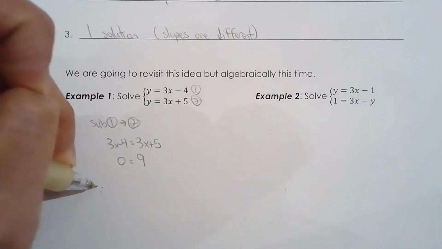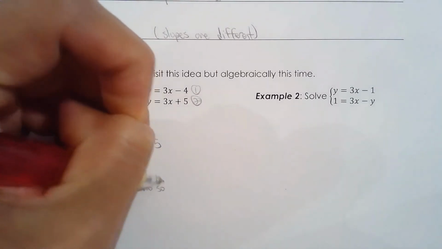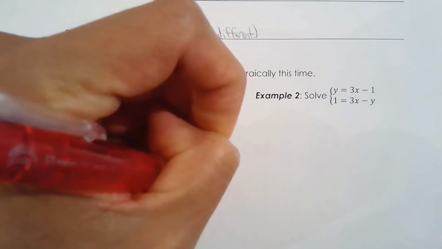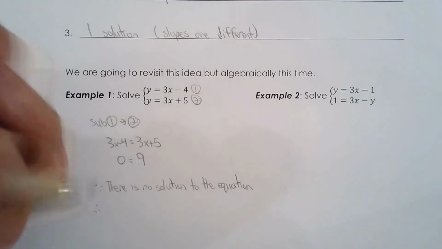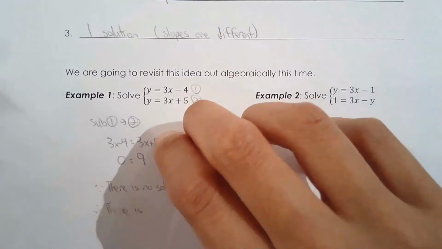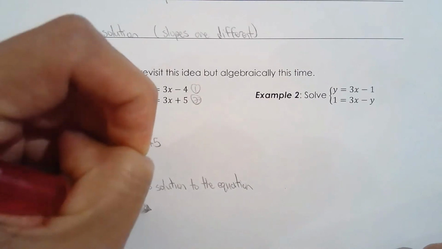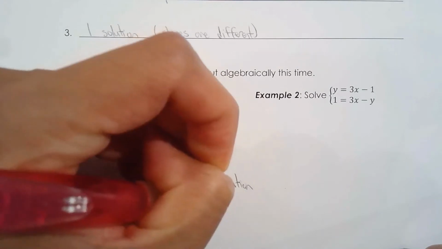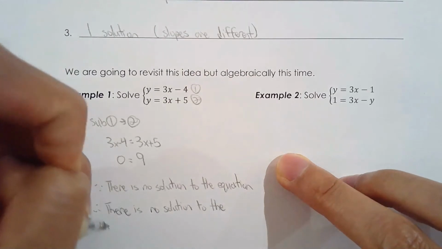So since there is no solution to the equation of 3x minus 4 equals 3x plus 5, therefore there is no solution to the linear system.